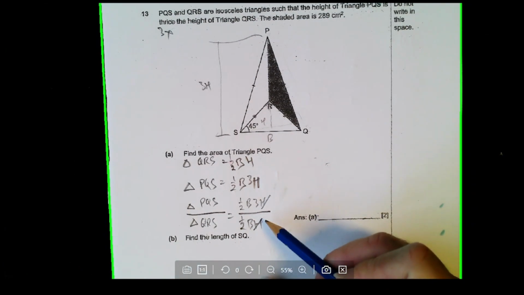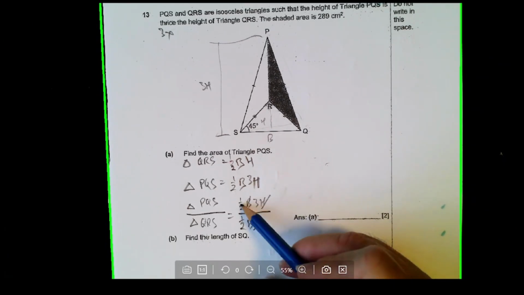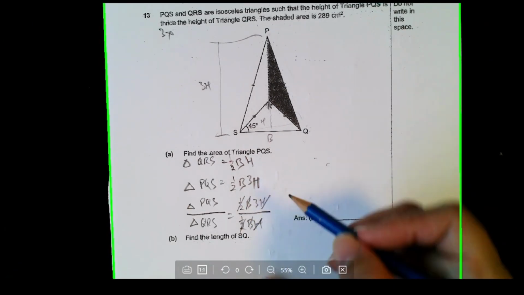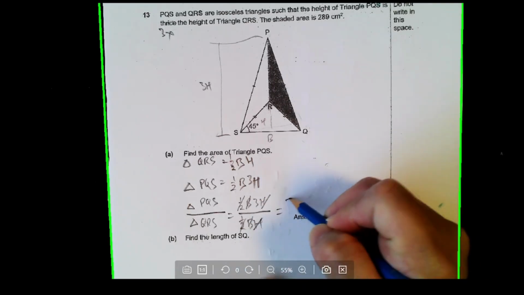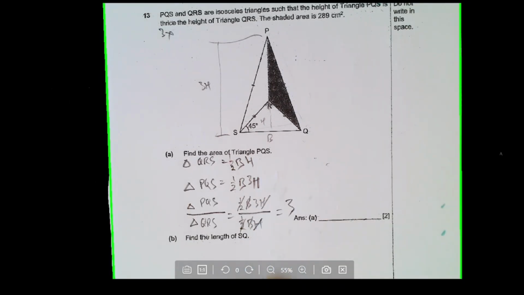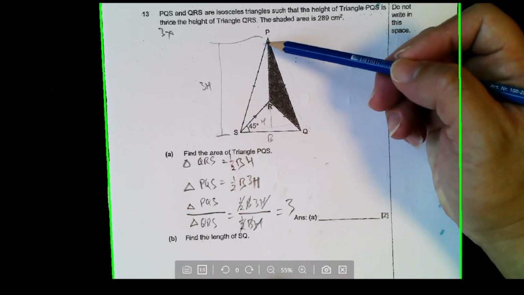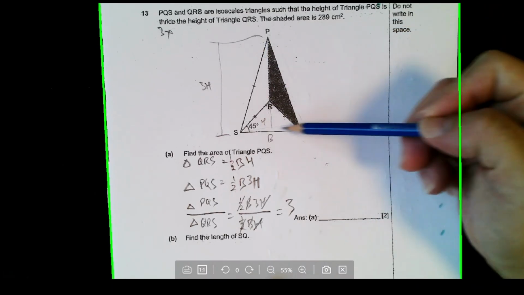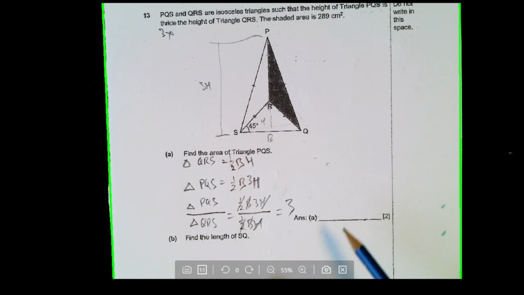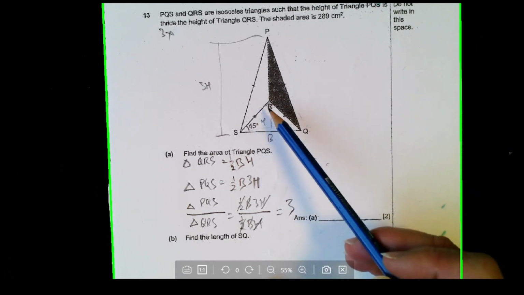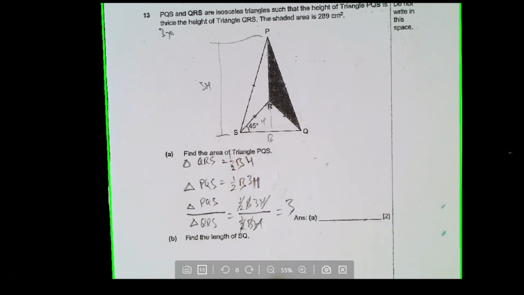H and H can cancel, B and B can cancel, half and half can cancel. What do you have? 3. So I know the area of the big triangle is 3 times the area of the small triangle.